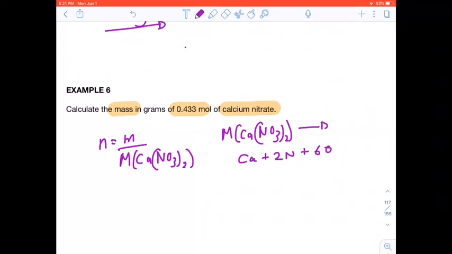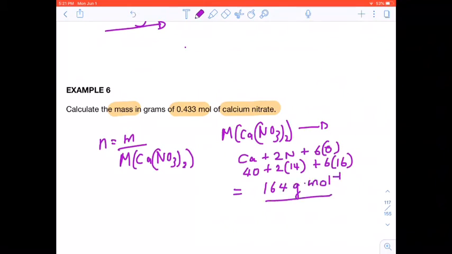We know calcium is 40, plus nitrogen is 14 times 2, plus oxygen is 6 times 16, which in total is equal to 164 grams per mole. There's the molar mass of calcium nitrate.